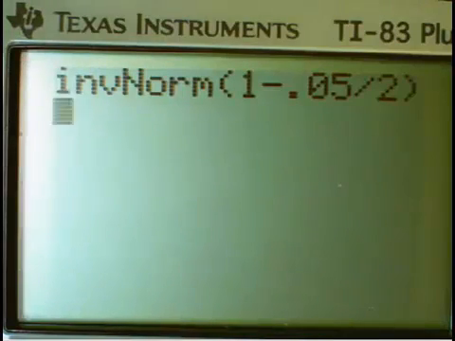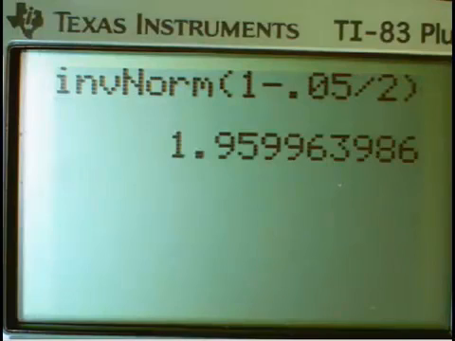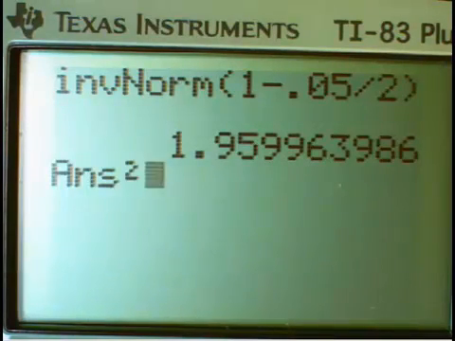That's 1 minus alpha divided by 2, and that's the 1.9599 that I don't want to round. I want to leave that on my calculator and just continue with the formula. When I press the square button, the calculator will square my previous answer. So it's not rounding and squaring, it's keeping up with all those digits, which gives me a more precise answer.